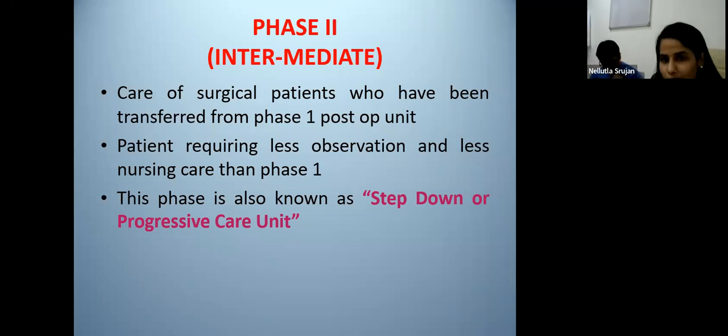Depending on the various parameters, if the patient is not in a critical condition, the patient can be monitored hourly by the nurse. All the vital parameters have to be monitored. This phase is also called the step down or progressive care unit.